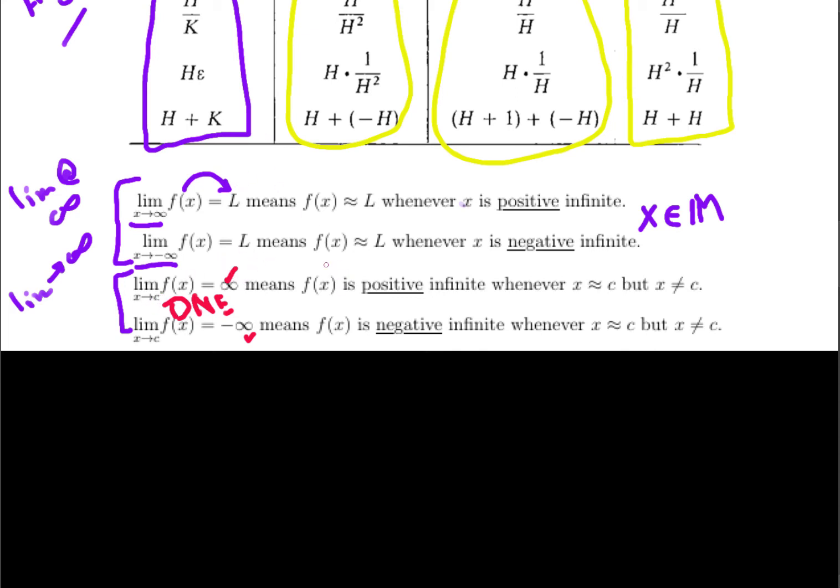In other words, f of x is an infinite number whenever x is close to c. So in this case, we're saying that not x itself is an infinite number, but f of x, the output, will be in the set of infinite hyperreals. So that's the key distinction. In this one, the input is an infinite number. In this case, the output is an infinite number.